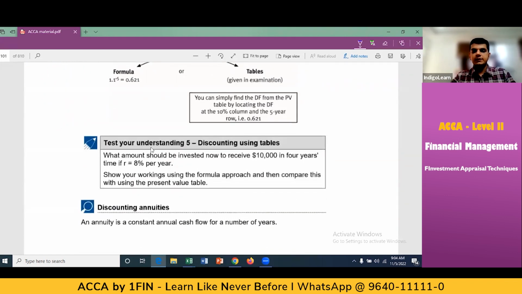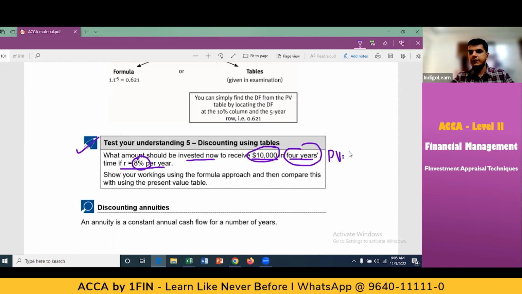So just a small illustration. What amount should be invested now to receive 10,000 in 4 years if R is 8%? So 10,000 you want to receive, that is the future value in 4 years. R is 8% per year. So immediately what you can say, present value.